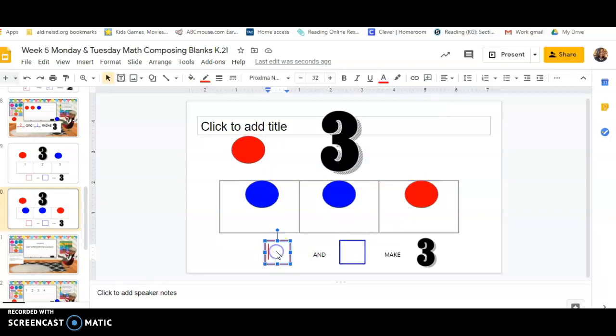Now, how many red counters did I use to make the number 3? I have 1. And then how many blue counters did I use to compose the number 3? 2, yes. So I know that 1, because I had 1 red counter, and 2, because I had 2 blue counters, composes the number 3.